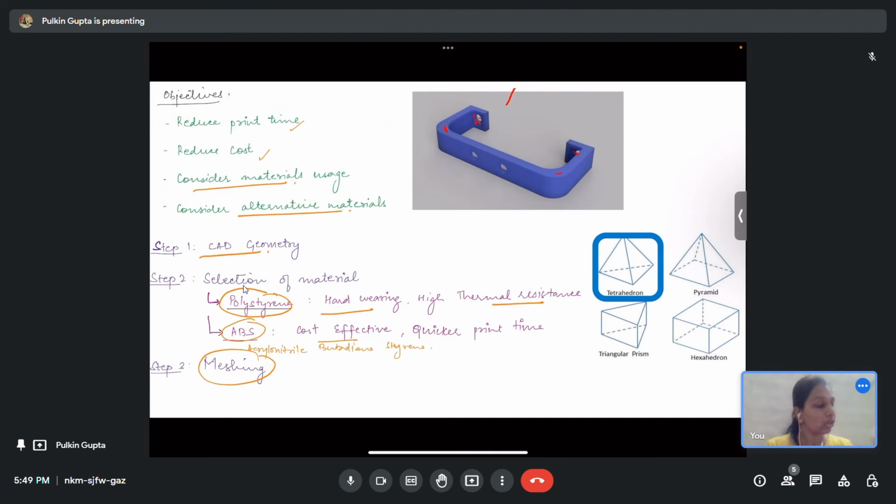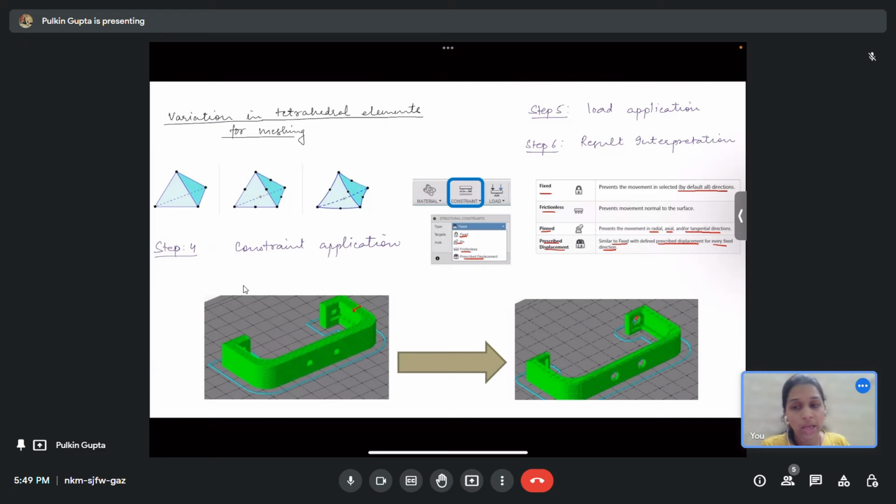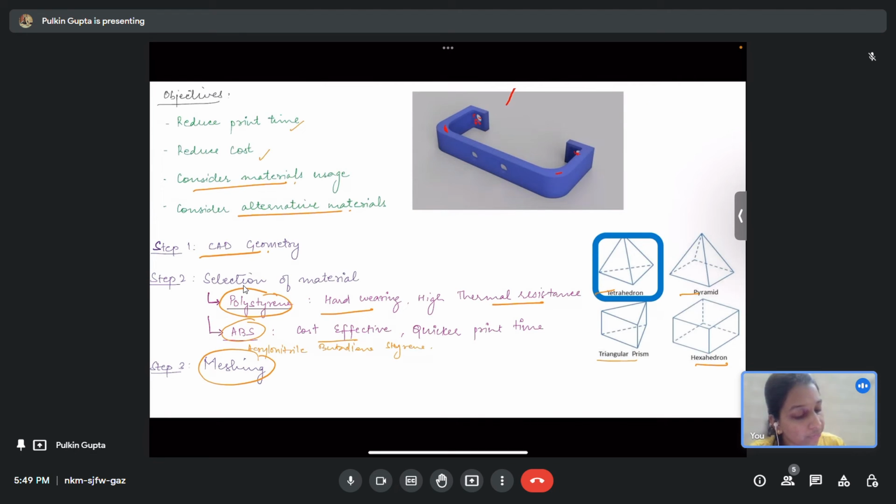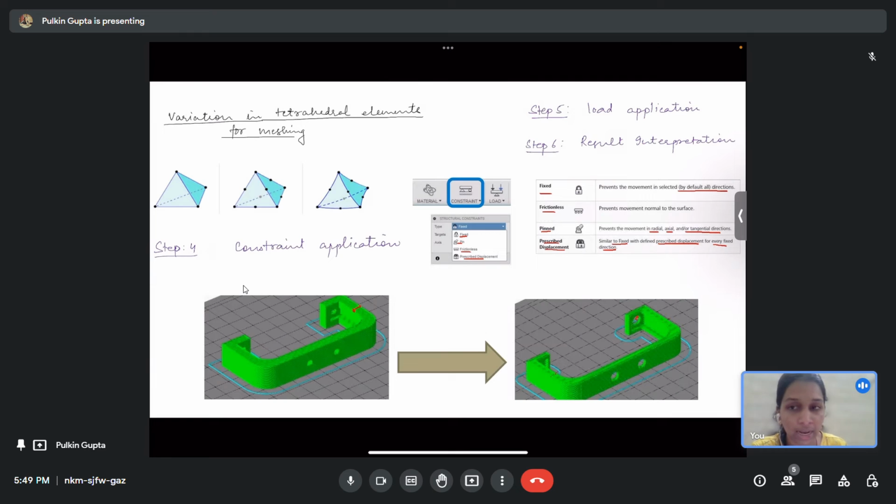So first there are different kinds of elements that can be used to discretize this. So first one is tetrahedron, then it's a pyramid, then triangular prism, then hexahedron, each having a different geometry, different surfaces. And we can have variations within these single elements as well.